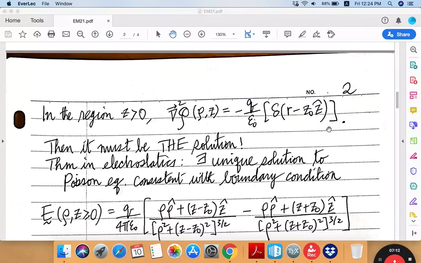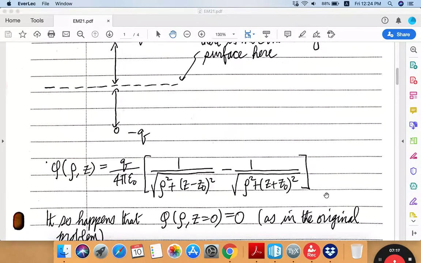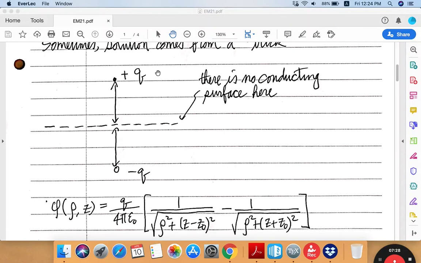So to summarize the situation, we have this simple solution coming from the dipole, and this solution happens to have the correct boundary condition, and it also happens to satisfy the correct Poisson equation.